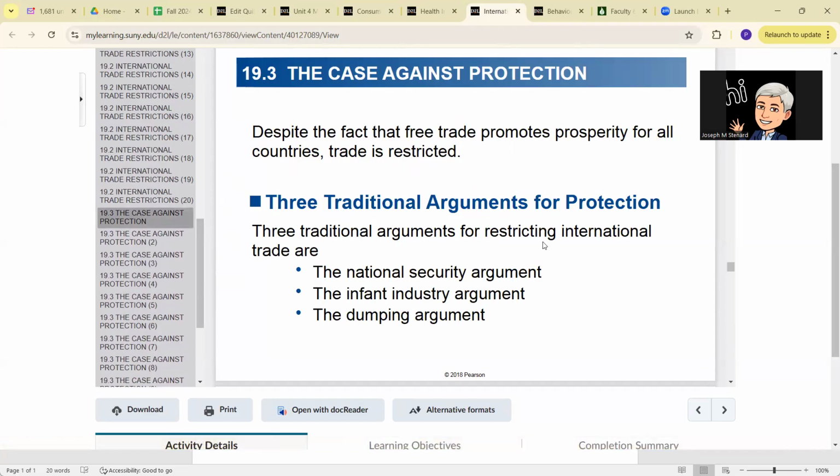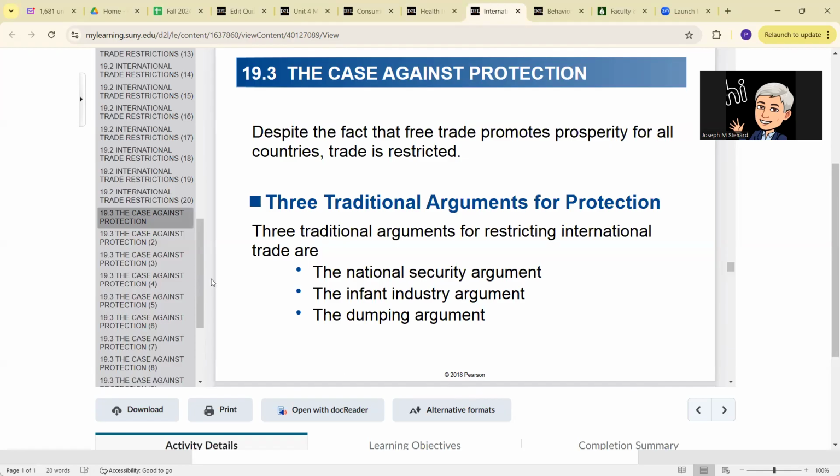The three traditional arguments for protection are the national security argument, the infant industry argument, it's a new industry, it's small, it needs to be protected, or that we don't want our industries destroyed by foreign companies dumping, where they produce so much inexpensive, cheap goods that they flood our market with it, and it's nothing we can compete with. That's the dumping argument.